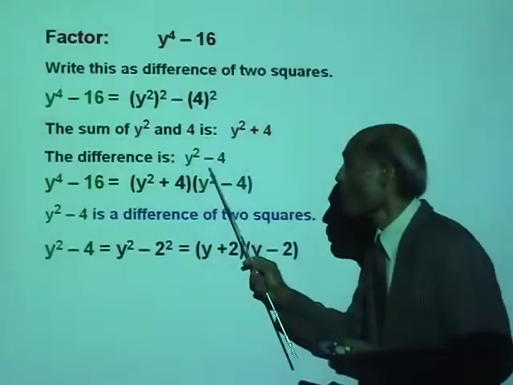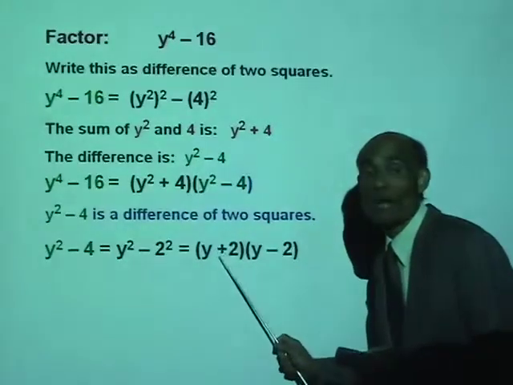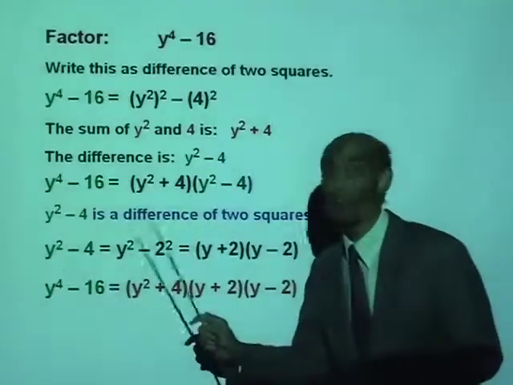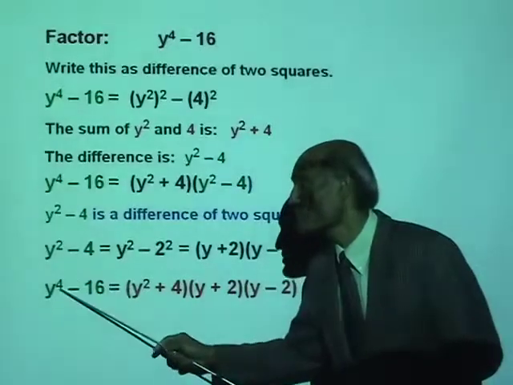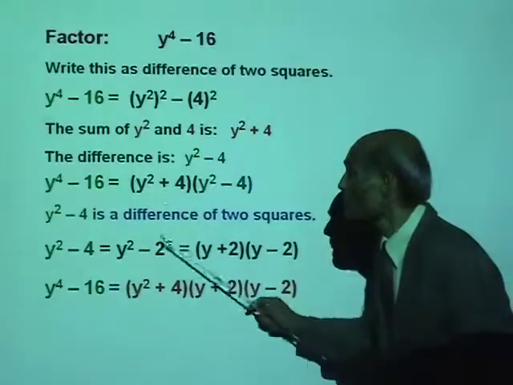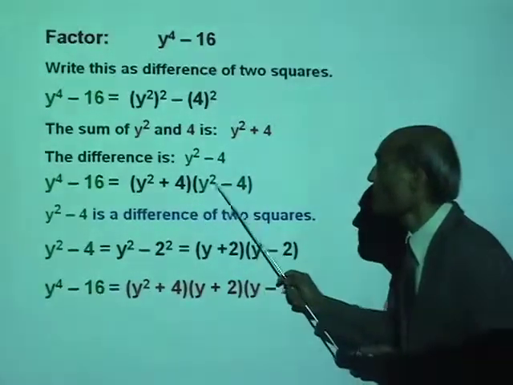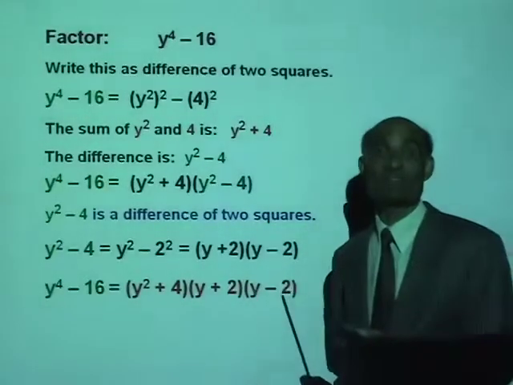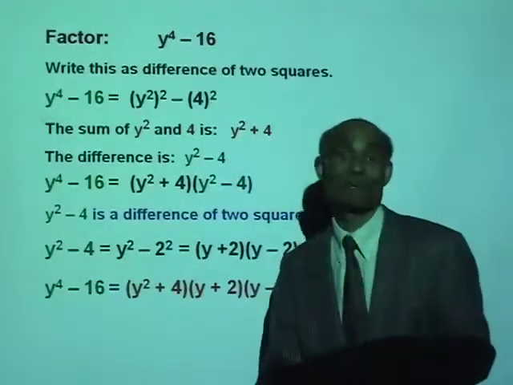And now you know y squared minus 4 is factored as y plus 2 times y minus 2. Therefore, what is the complete factorization of y to the power of 4 minus 16? It will be y squared plus 4 times, in place of y squared minus 4, I have y plus 2 times y minus 2. Okay, I hope you understood it. It's a very important type of problem.